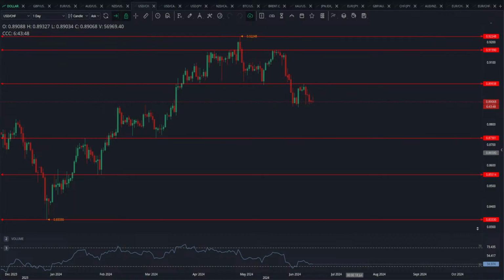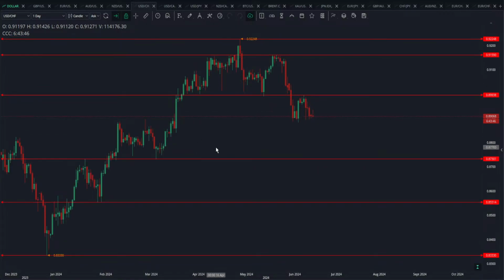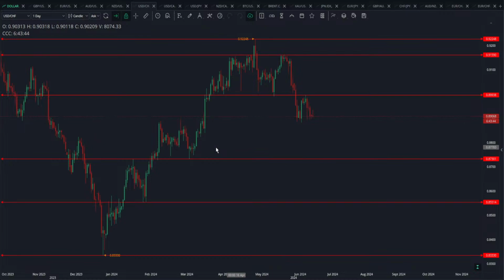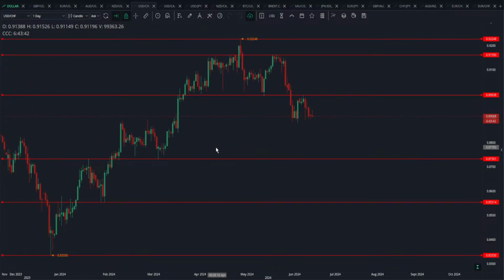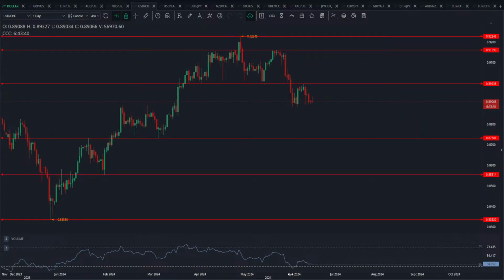Okay, so like I was saying, there is a very clean downtrend in the USD CHF on the daily. But on the RSI, we have a divergence. This is a regular bullish divergence, and this will be correct only if the price makes a lower low and the RSI fails to make a lower low, which I think will be the case.